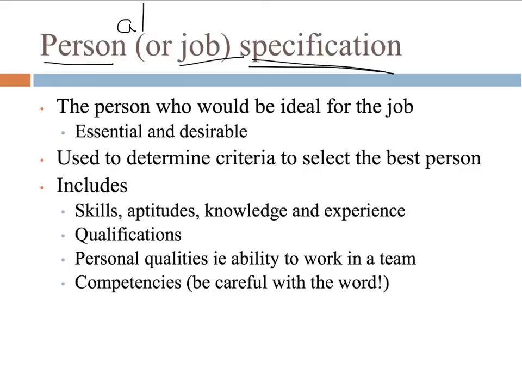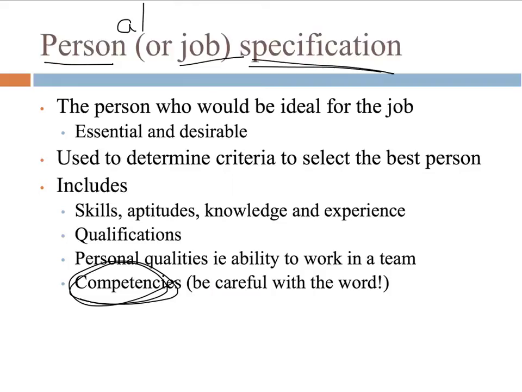There are a number of different formats for personal specification. More and more personal specifications are based on a set of competencies identified as necessary for the performance of the job. Now there's this word competency here. Be careful with that. The term competences is used in a personal specification. It has a very precise meaning.